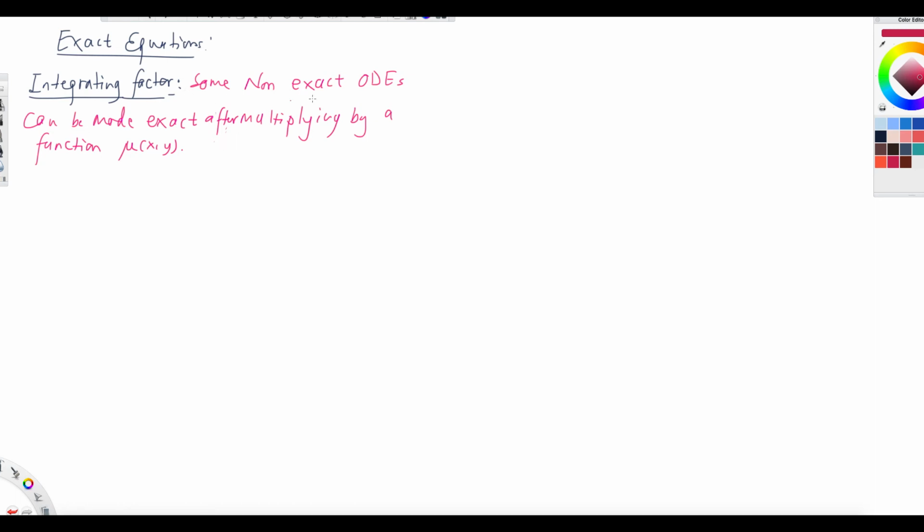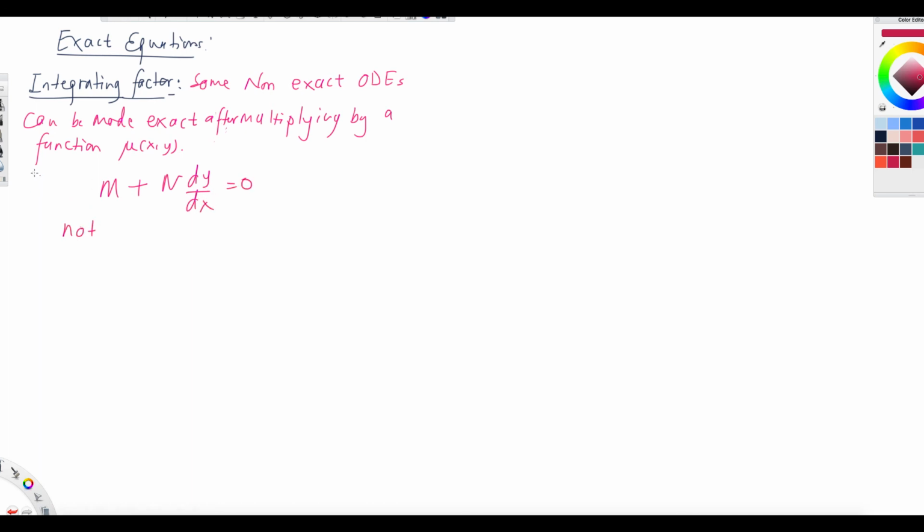Some non-exact ODEs can be made exact after multiplying by a certain function, let's say mu(x,y). Suppose you have an ODE that is M plus N dy/dx equals 0, and suppose that this is not exact.